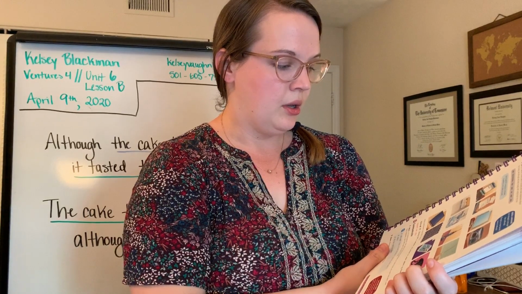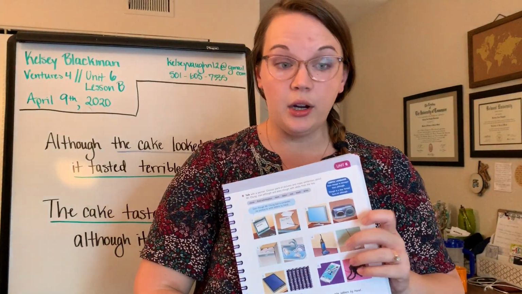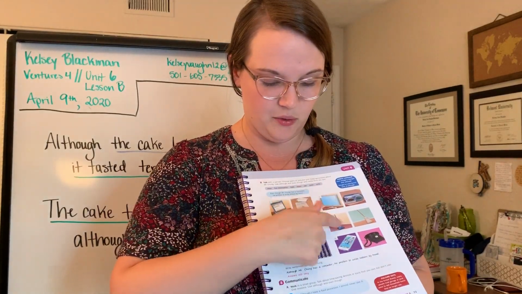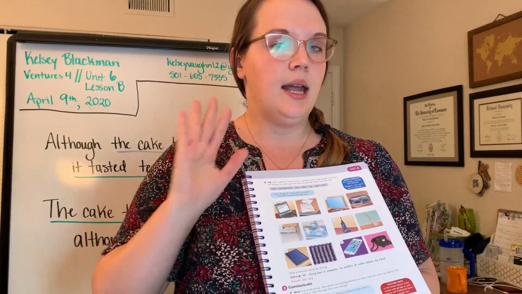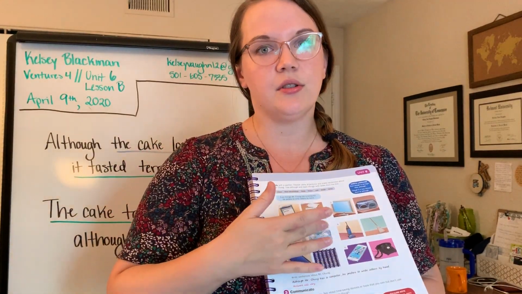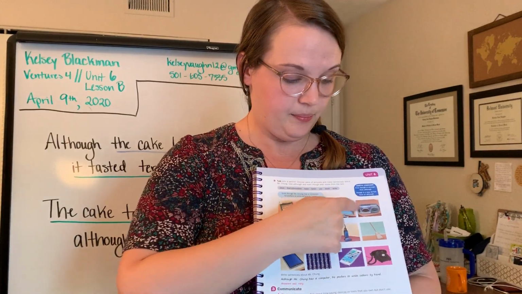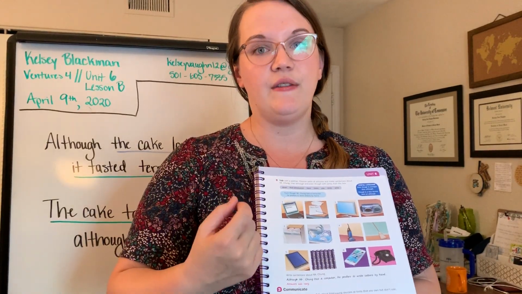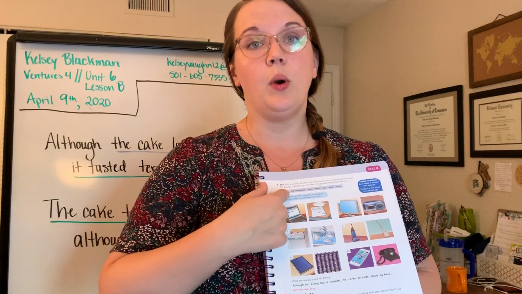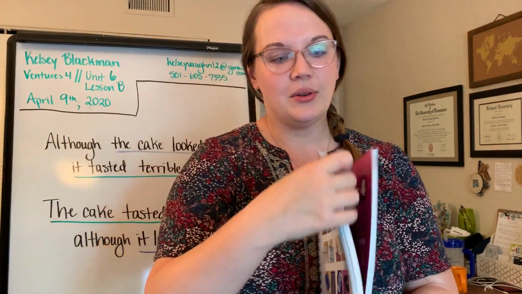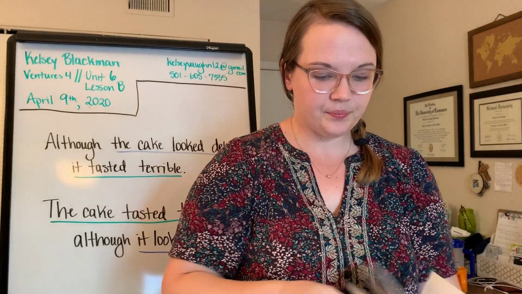So your homework is to go ahead and pick at least 2 others. Maybe 2 and 3, 3 and 4, 4 and 5, 5 and 6, any combination. Pick at least 2 others and write at least 1 sentence about them using although or even though and one of these verbs. Okay? Please reach out to me with any questions.